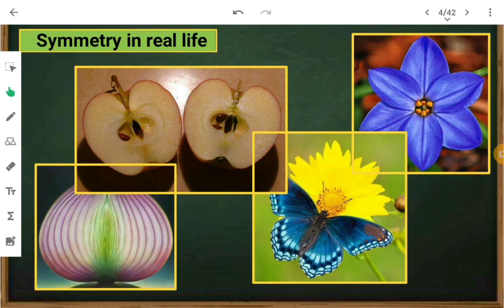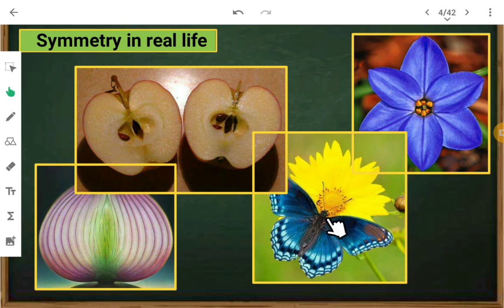Before getting into the chapter, let us see symmetry in real life. Have you seen all those things in your nature? Yes, it's a flower. Here you can see the line of symmetry, right? And next one is a butterfly.